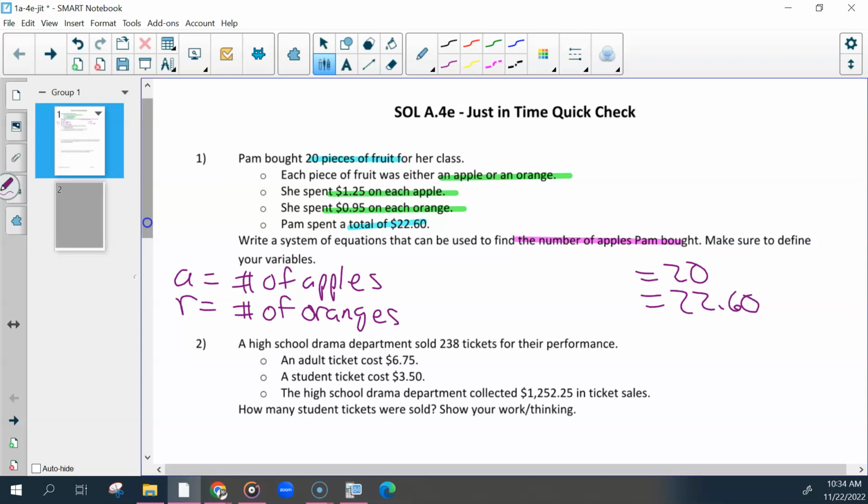So 1.25 on each apple, so we're going to use our variable as well. 1.25A plus 0.95R equals 22.60. And then since the other one equals 20 and that represents the total pieces of fruit, A and R also represent number of each fruit. So that would be A plus R.